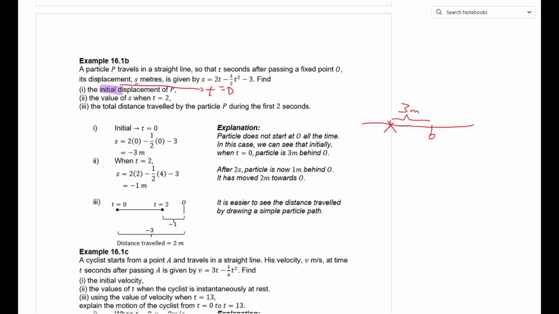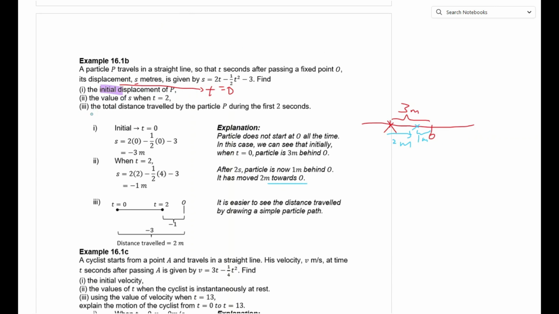This means that after 2 seconds, your particle is now only 1 meter behind point O, so about here, whereby here is your 1 meter. Therefore, it shows that the particle has traveled 2 meters towards point O.